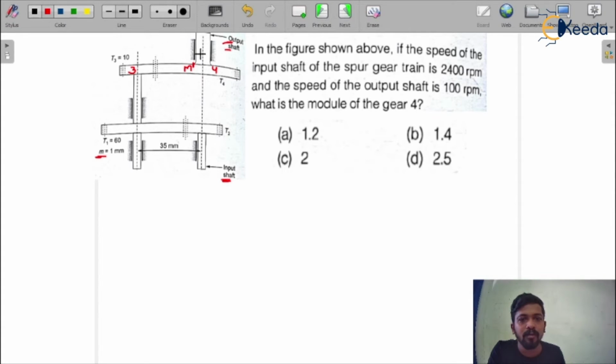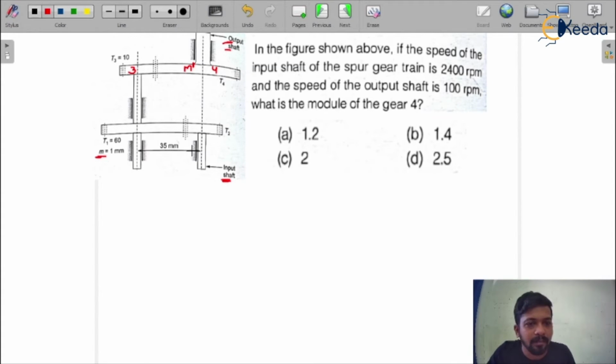So whatever the module for gear 4 is, that would be the same module for gear 3. Similarly, the module for gear 1 is the same as the module for gear 2, and both have the same module, equal to 1 mm.